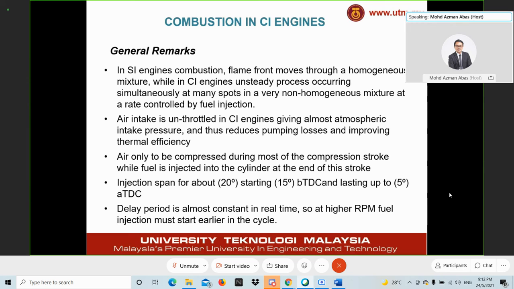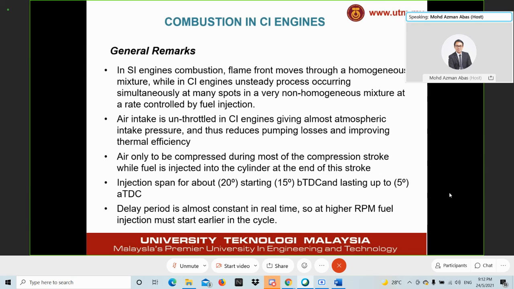The injection spans about 20 degrees, starting 15 degrees before TDC and lasting up to 5 degrees after TDC. In the SI engine, we are concerned about when the spark triggers, but in the CI engine, we are more concerned about when the fuel is injected. The delay period is almost constant in real time.